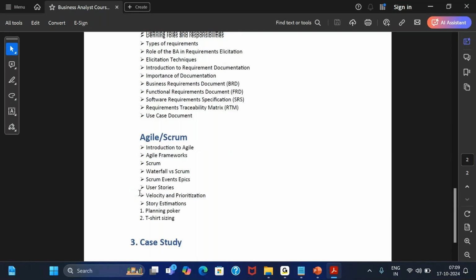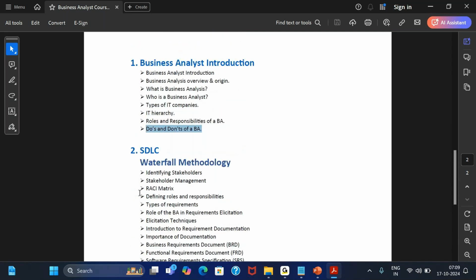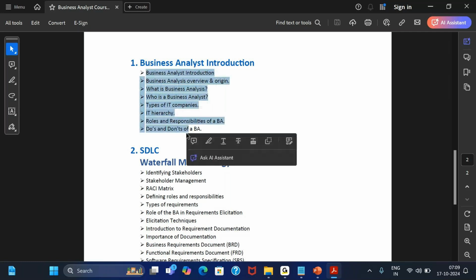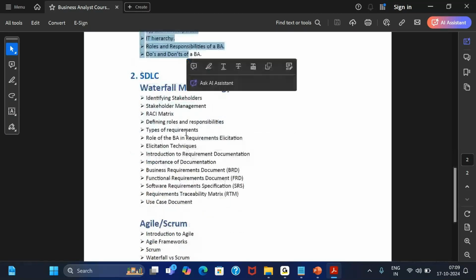So the way all these topics are being covered is to ensure that someone who is from a non-IT background, through our business analyst introduction topics, understands what the IT industry is before deep diving into what a business analyst will be doing.